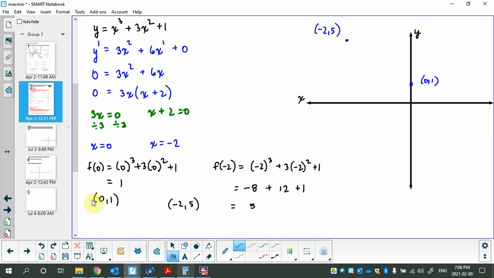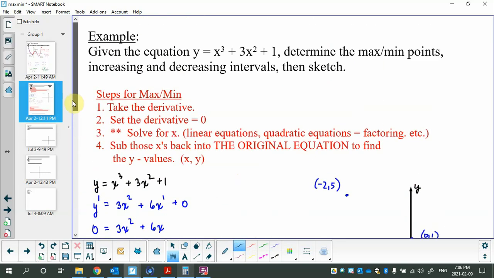So I have done sort of the first part of this question, determine the maximum and minimum points. I can kind of guess if these are maximums or minimums, but part of what you have to do next is also find the increasing and decreasing intervals.